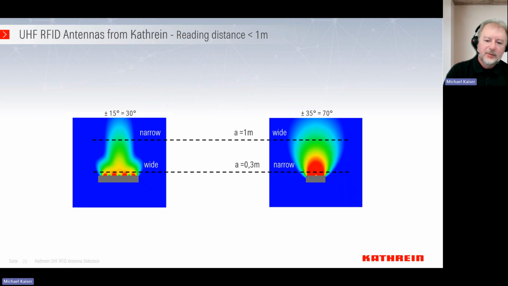So you see, it's very important to know also the reading distance. Far away, this means 1 meter and more from the antenna, then we can rely on the half power beamwidth. Are we closer than 1 meter, typically half a meter or 30 centimeters, then the physical dimension of the antenna is important.